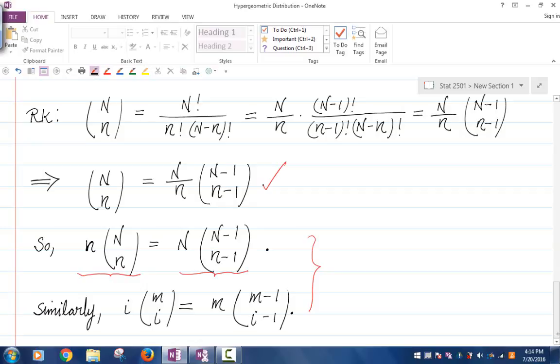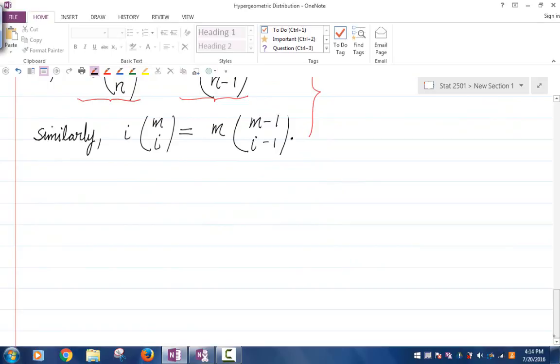Alright, so let's now start to derive the expectation of x. So the expectation of x is, by definition, we sum over all values of x, so let's say sum i going from 0 to n.